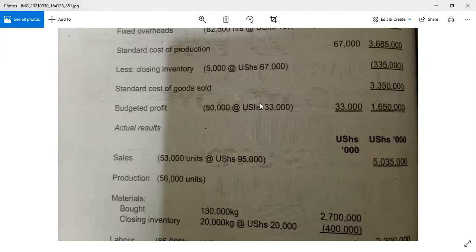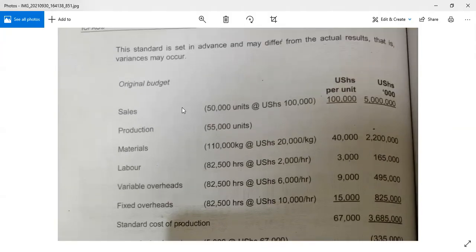As you can see at the budgeted profit, they have also applied what we had on the other side, which was the 33,000 as our standard profit. So this alone gives you a demonstration of the relationship between standard costing and budgeting. Even this 100,000 is the other side's standard price.